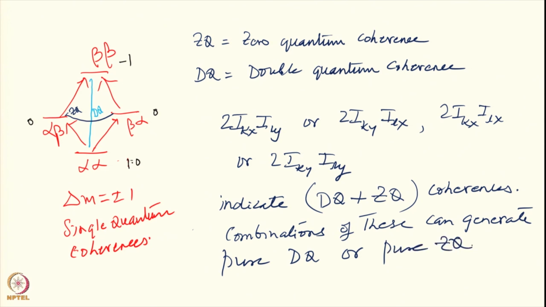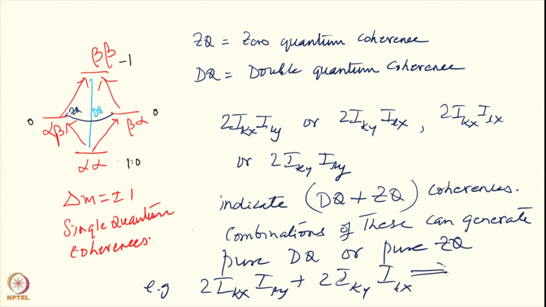So, for example, 2IkxIly plus 2IkyIlx represents a pure DQ. Similarly, I can also make 2IkxIly minus 2IkyIlx, and that will represent a zero quantum. So, such kinds of combinations are possible.